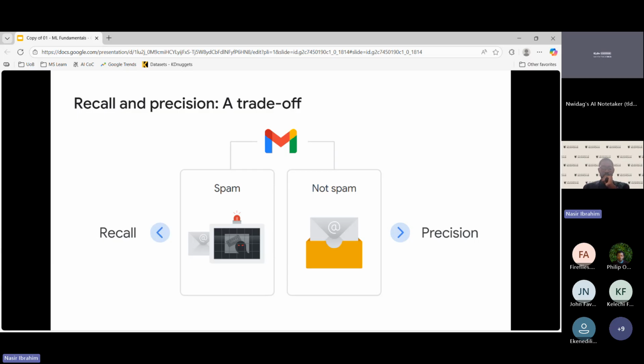One thing that I want to emphasize before we go is there's actually a trade-off between recall and precision, depending on your use case and what you want to optimize. For example, if your goal is to catch as many spam emails as possible, then you might prioritize recall.